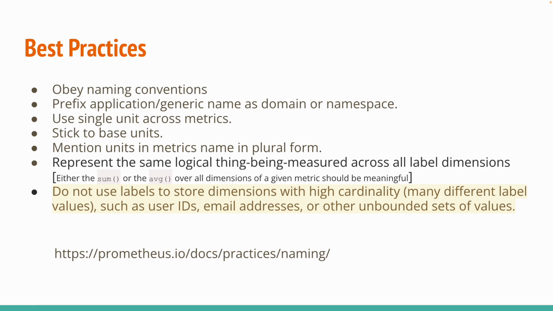So that's all I would like to cover in this video about naming conventions and best practices. Try to stick to the naming conventions mentioned in this slide, and use the application name or generic name as a starting word in the metric name, and try to stick to the same unit across metrics and within the metric, and try to use base units to represent the values.